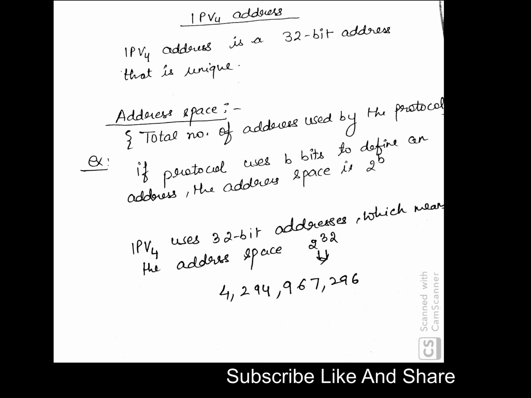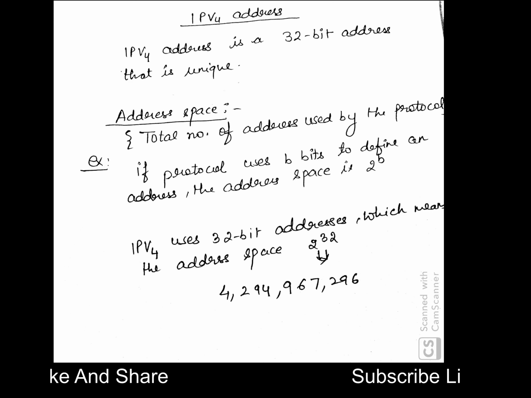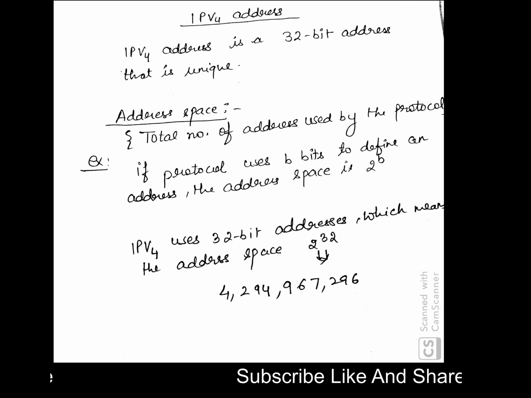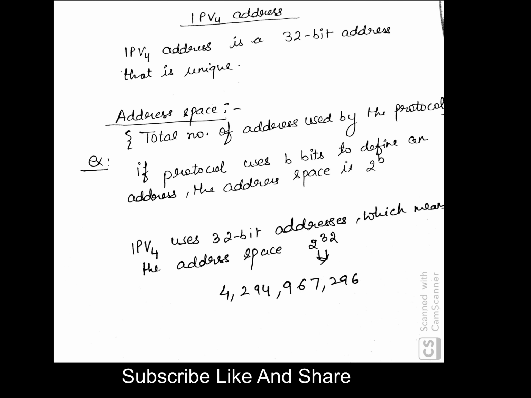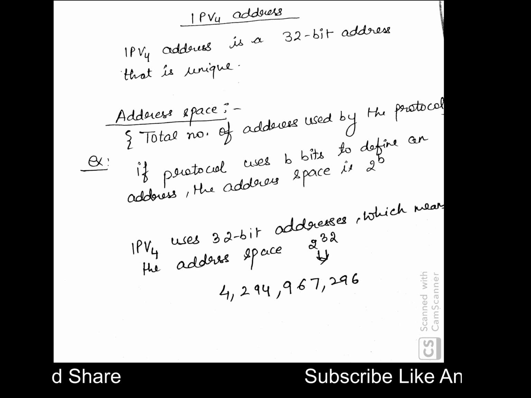If the protocol uses b bits to define an address, the address space becomes 2 to the power b, and for IPv4 it is 2 to the power 32, because 32 bits is the address size of IPv4. The overall address space becomes 4,294,967,296. So this is the total number of addresses in the address space.